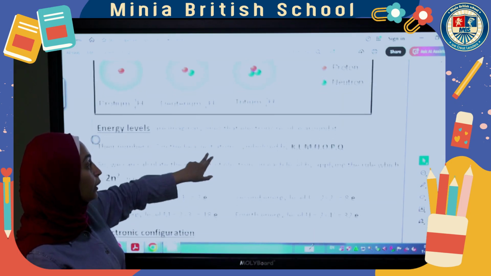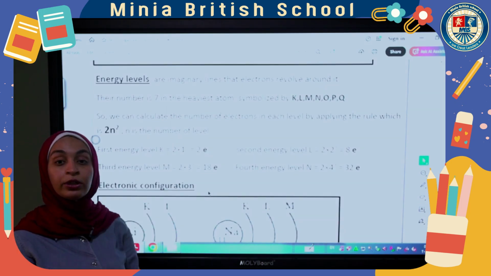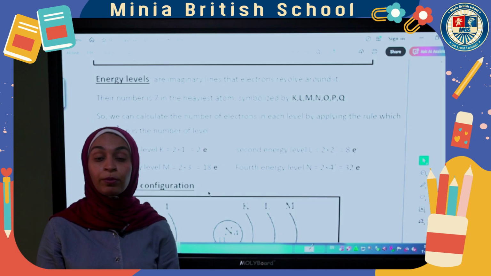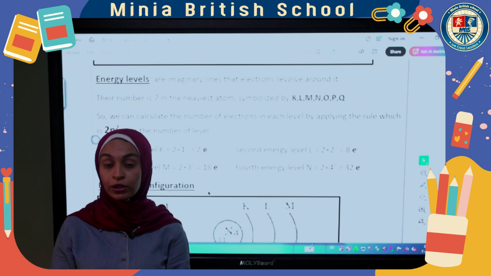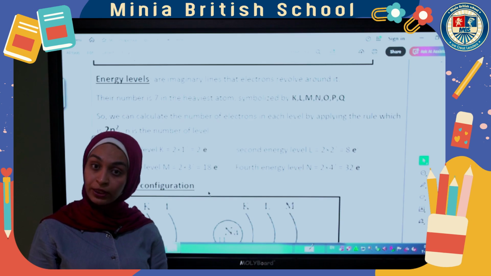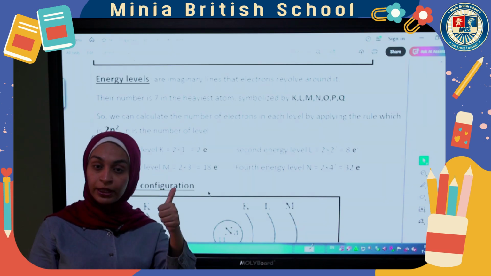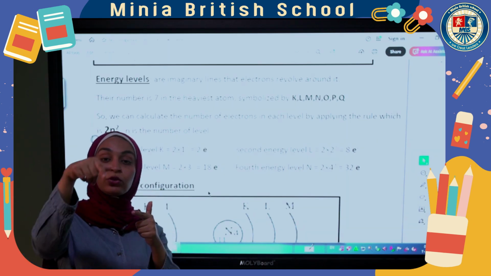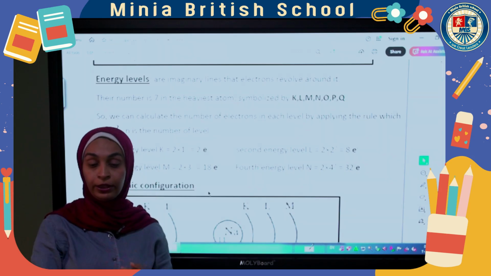The second part of the lesson talks about something called energy levels. Do you remember when we said in the previous session that any atom consists of 2 main parts, right? Excellent. The nucleus and the electrons that revolve around the nucleus.